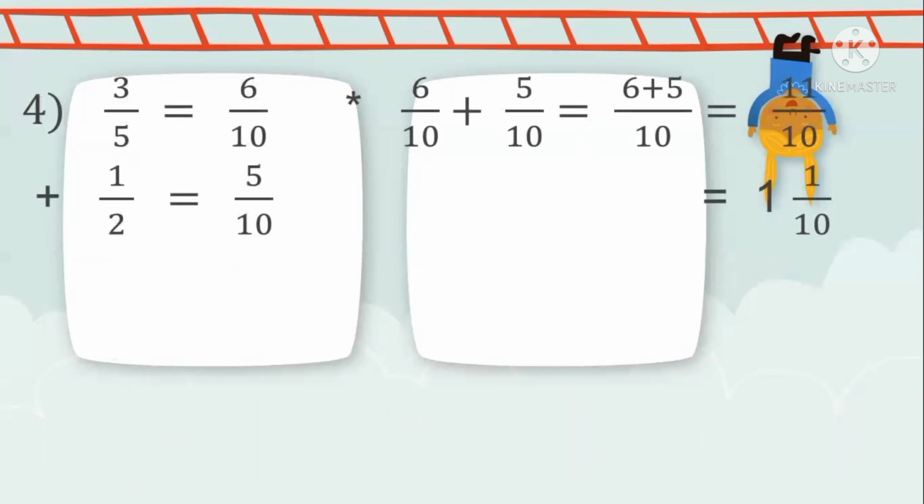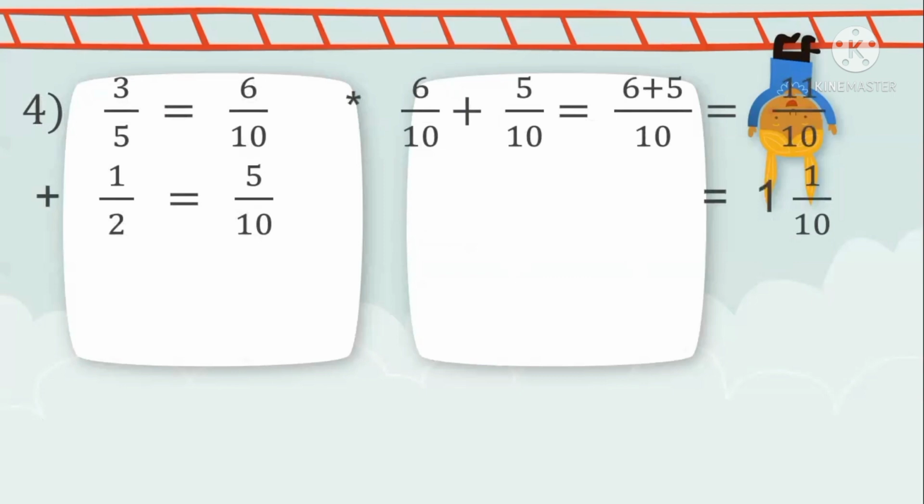Number 4. Now it is dissimilar fractions. So you need to give the equivalent fractions of each given fraction. So the least common denominator of 5 and 2 is 10. So 10 divided by 5 is 2.